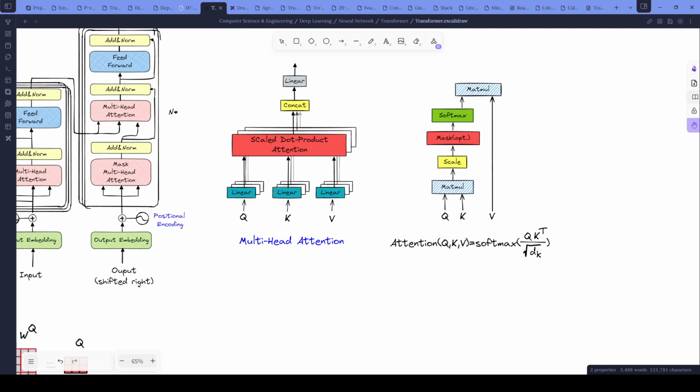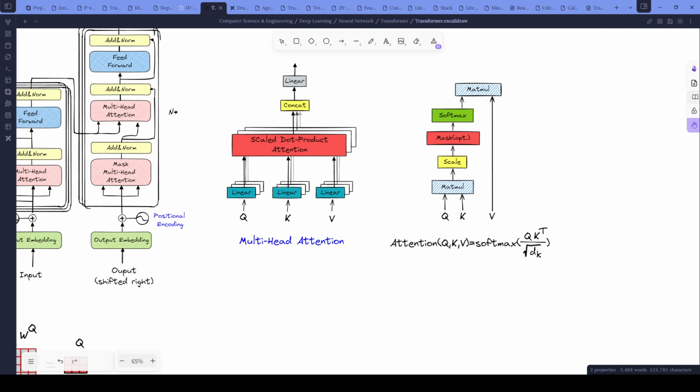After we do this division on the query times key matrix, we're going to do some softmax on the query times key matrix.